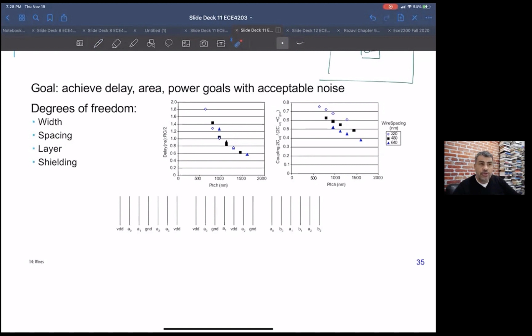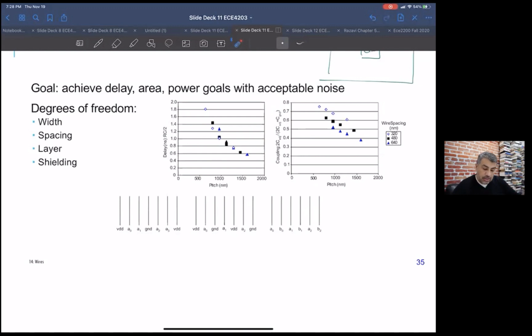Spacing: the further out you space components, the more you reduce the adjacent capacitance and the crosstalk. But again, you're sucking up area. The lower the layers you're in, the tighter things are with each other, so maybe you can shield lines from each other.